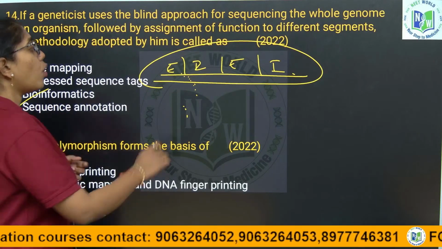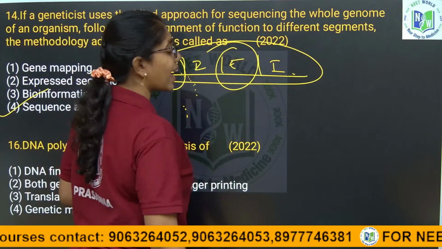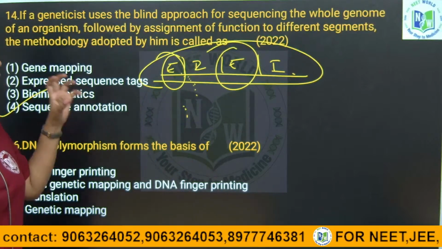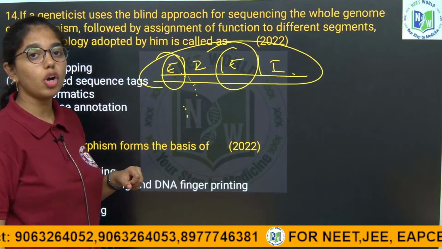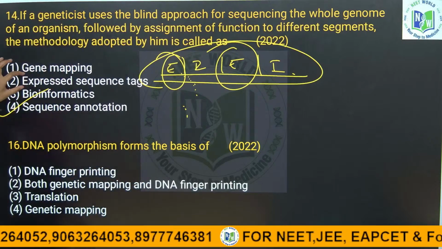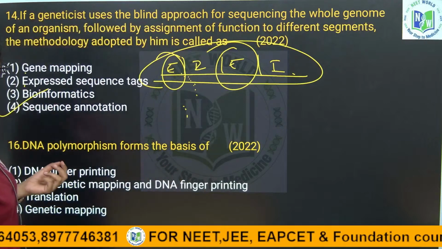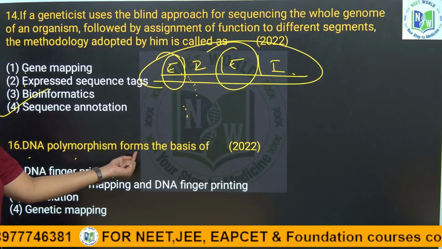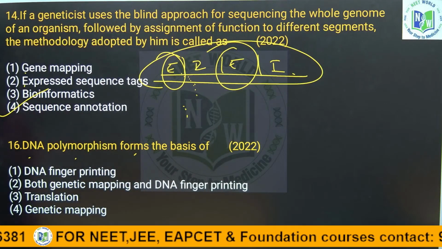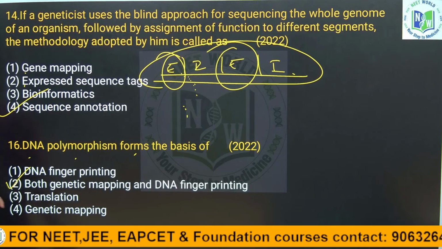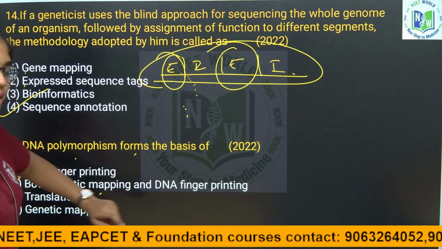Okay. If only the exon region or expressed parts of the DNA are considered for sequencing the whole genome, then that methodology is called as expressed sequence tags. Next, DNA polymorphism forms the basis of both genetic mapping and DNA fingerprinting.